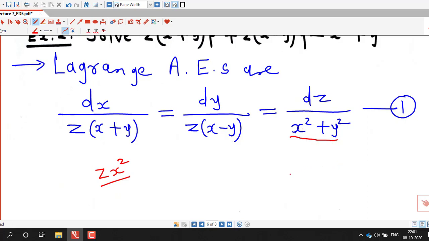So you can multiply this by minus z, so that these two will cancel each other. So if I multiply this by x and this by z, then I will have x square z here and minus x square z here. So that will cancel each other.